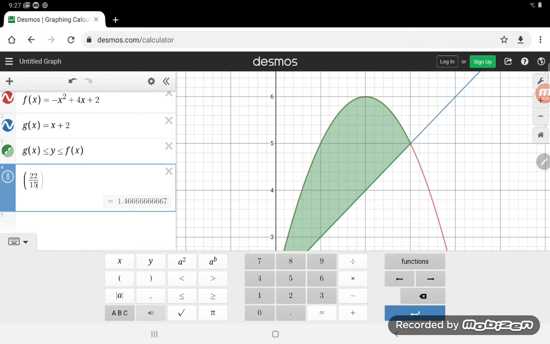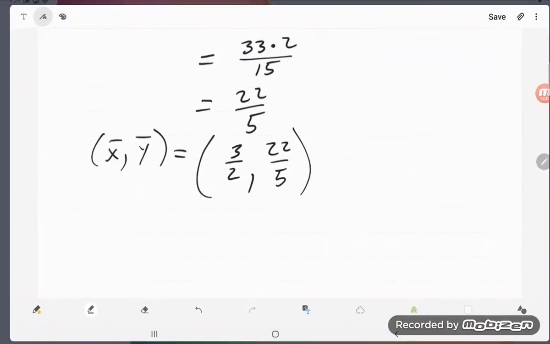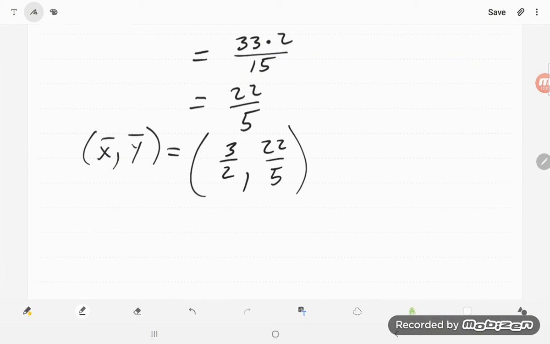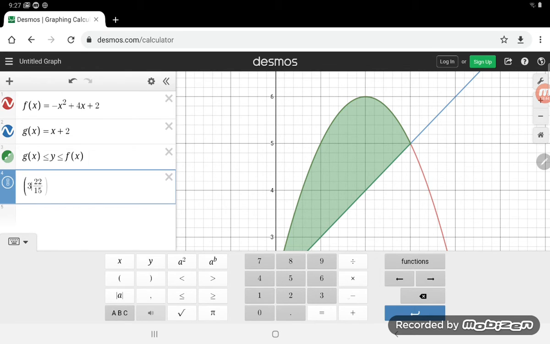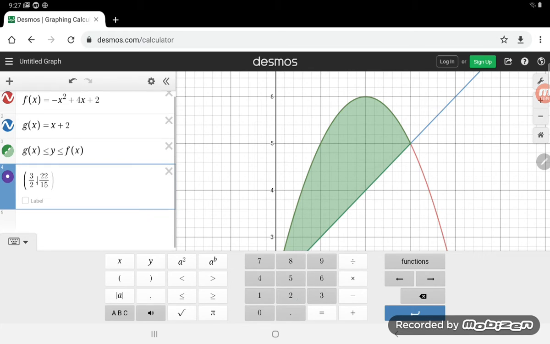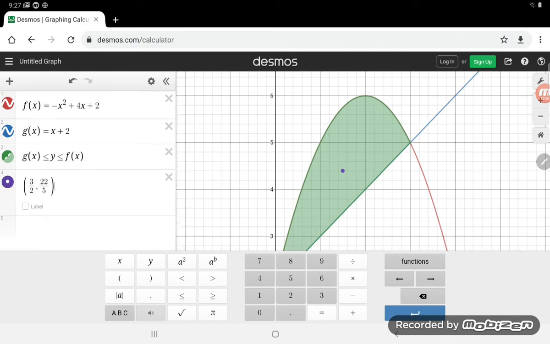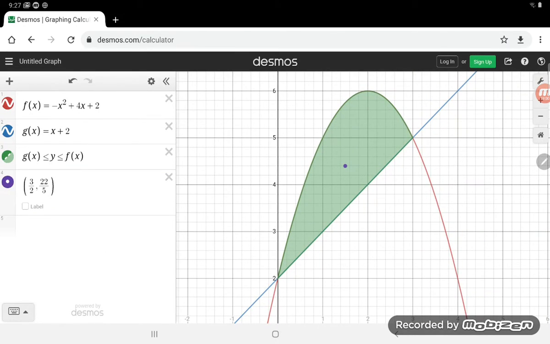Is that right? Oh, 22 divided by 5, but that was the height. Yeah, not too good. Okay, so we needed the 3 divided by 2, and then the comma, and then make that, and as we look there at the point, that looks reasonable.